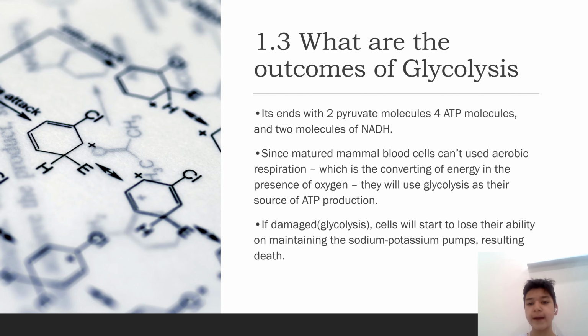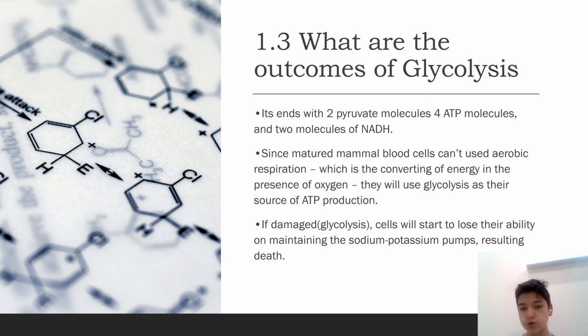So what are the outcomes of glycolysis, after we discussed the first half and the second half? We're going to discuss what it's useful for and what the outcomes of this process are.